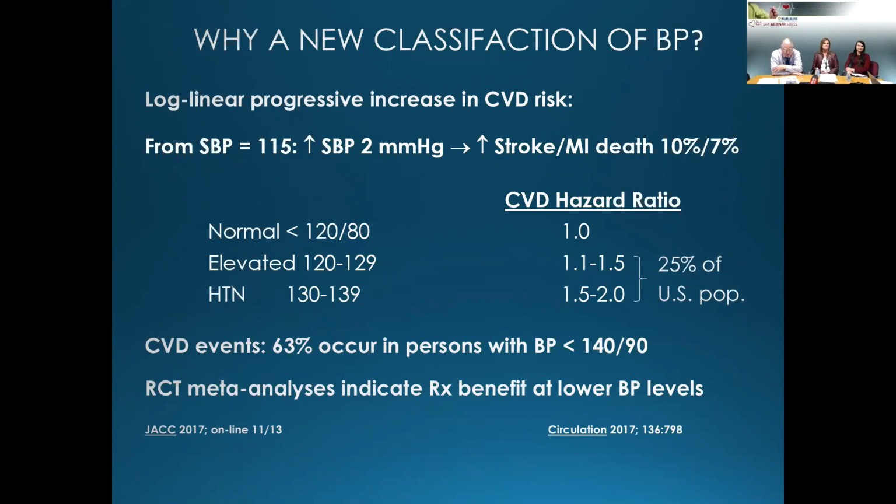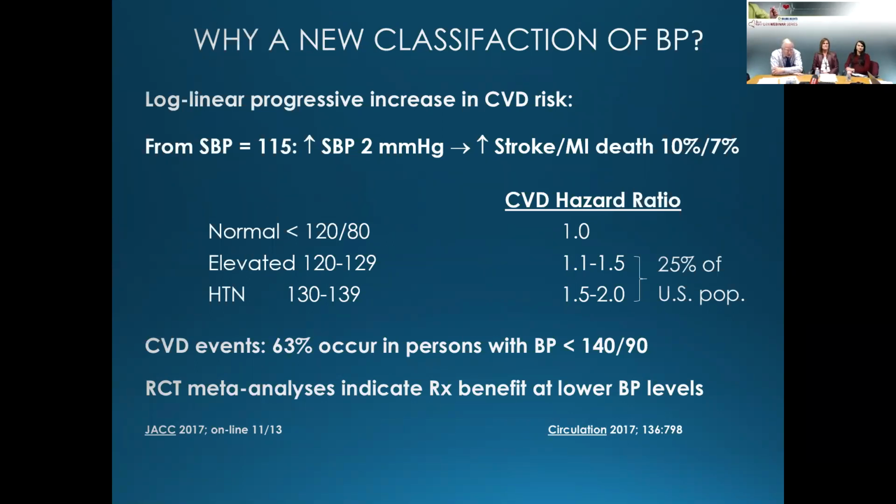As a result, an elevated systolic blood pressure, the ACC/AHA definition of 120 to 129, increases the risk of a cardiovascular event by 10 to 50%. But more important, stage 1 hypertension with a blood pressure of 130 to 139 increases that cardiovascular risk by 50 to 100% compared to a normal blood pressure less than 120 over 80.